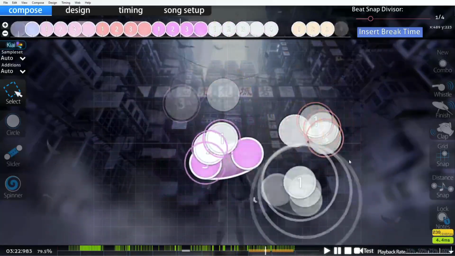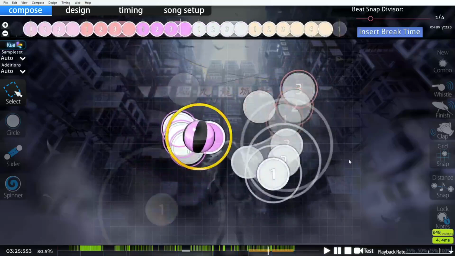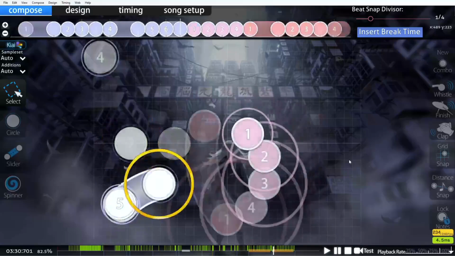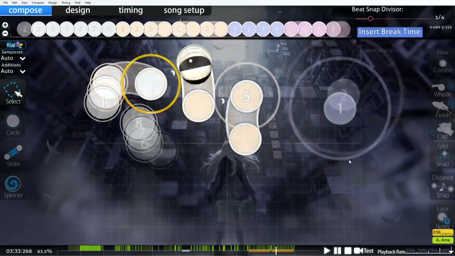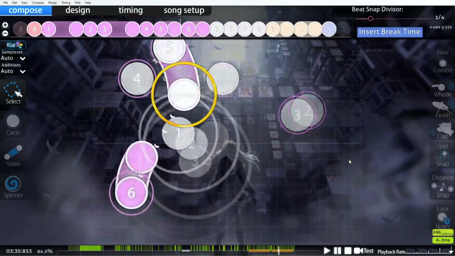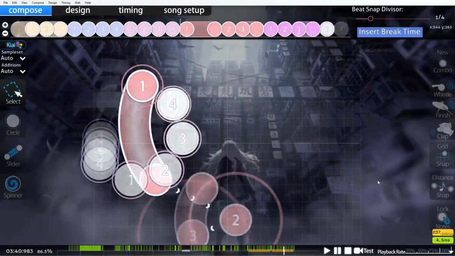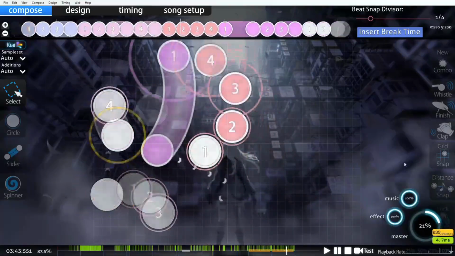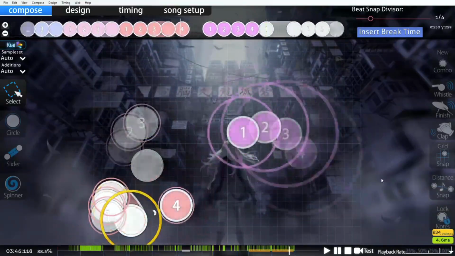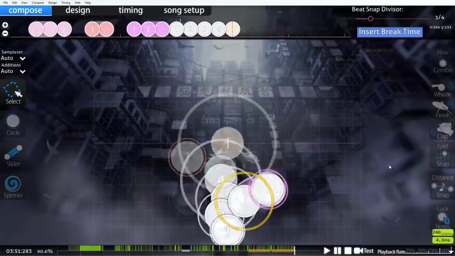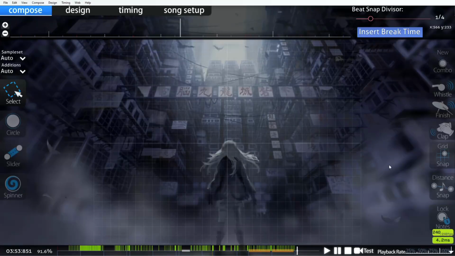Because this map has a great music representation. It's cool how it changed aesthetics when it goes to the softer part.